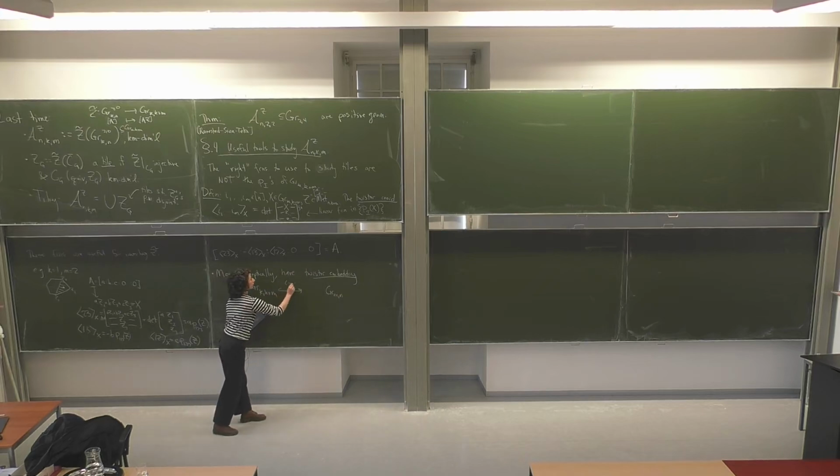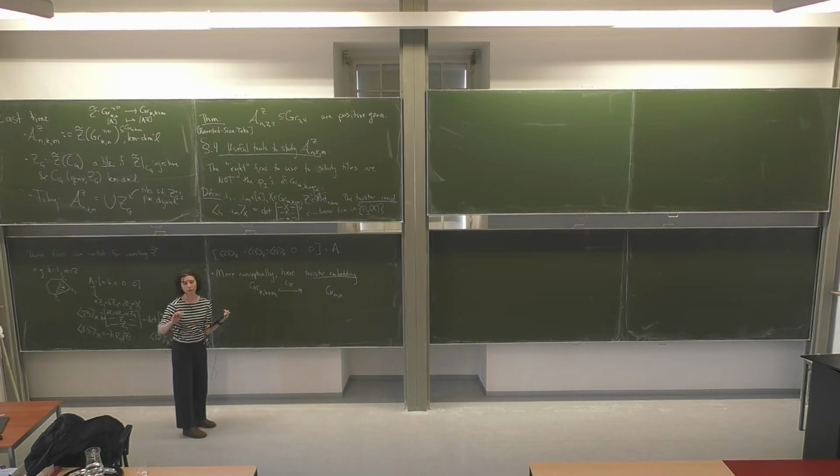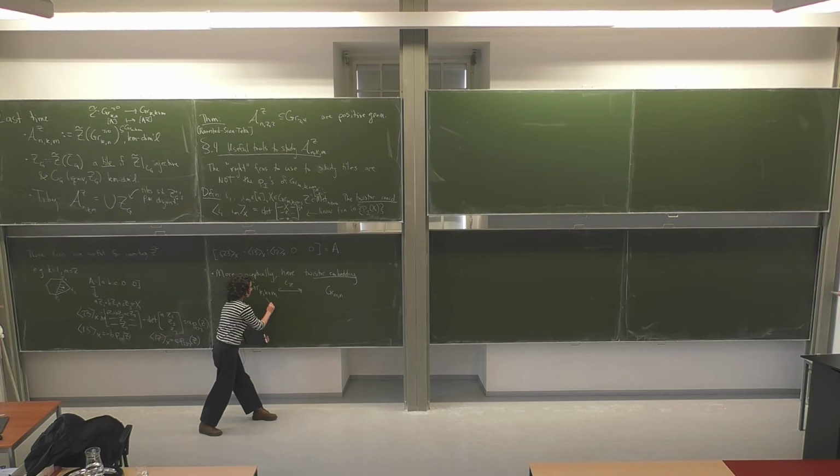The way that this embedding works depends on the matrix Z that I chose. So it's not canonical, it depends on the Z I picked. Okay, I'll write down the formula. So what does it do?